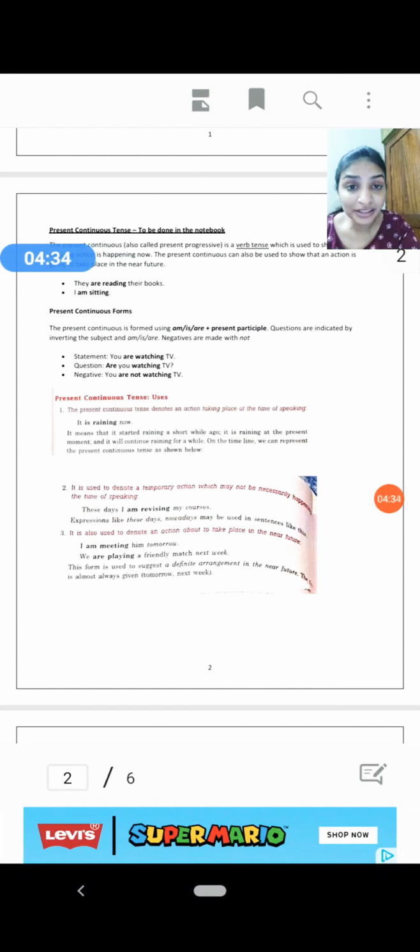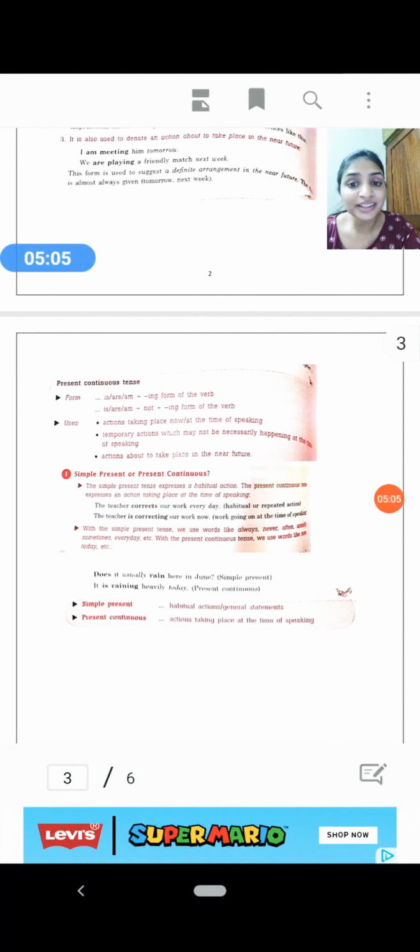Then it is also used to denote an action about to take place in the near future: I am meeting him tomorrow, we are playing a friendly match next week. All these actions are happening in the very near future.